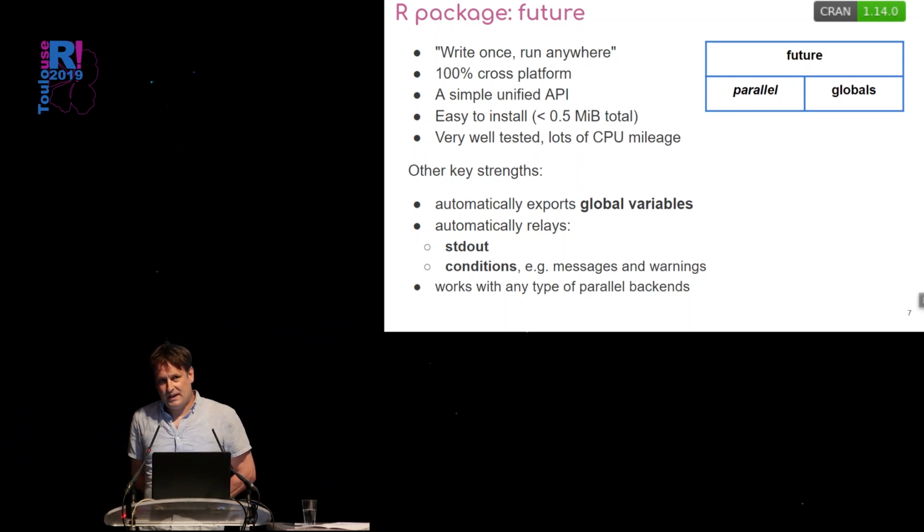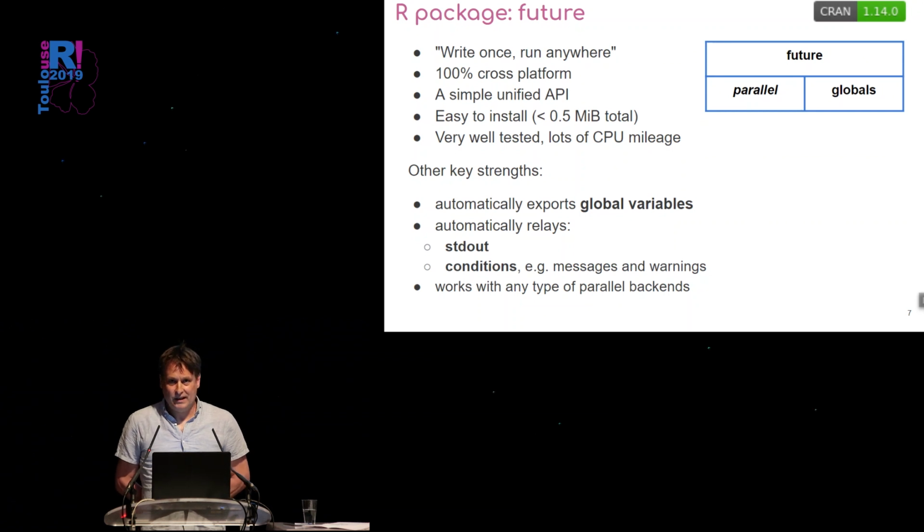Very simple API, basically just 3 functions needed. Super easy to install. It only depends on the parallel package that comes with R, plus a globals package. And it's lightweight. Very well tested, used for many years in big projects. I've been processing petabytes of data with this.